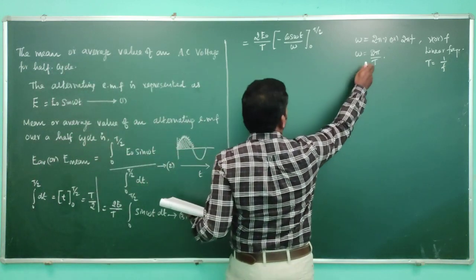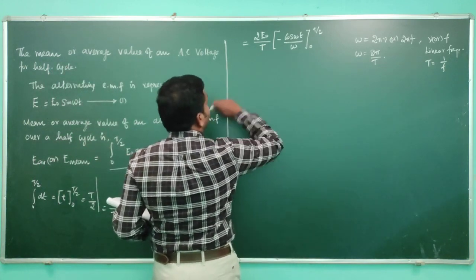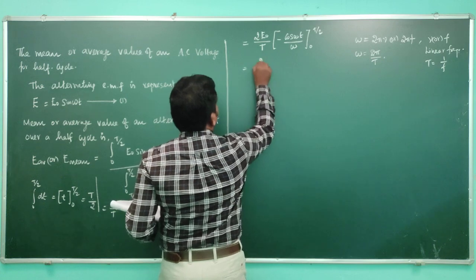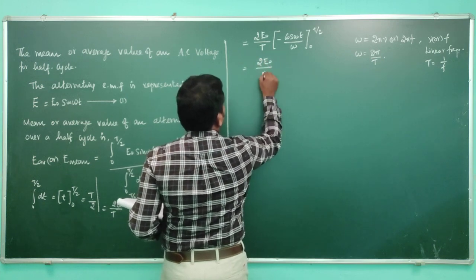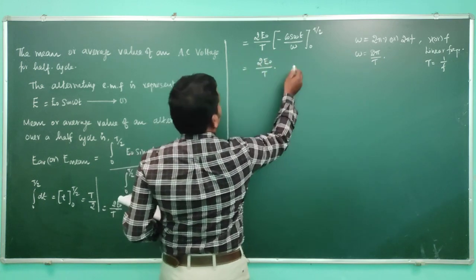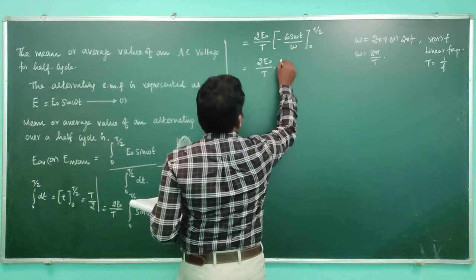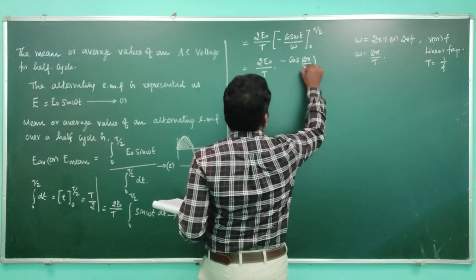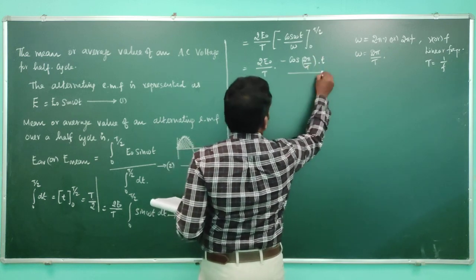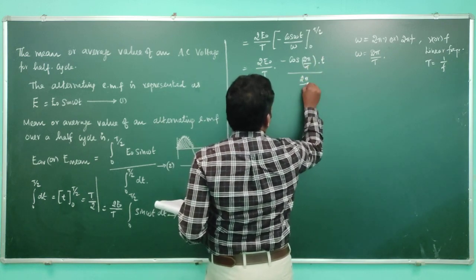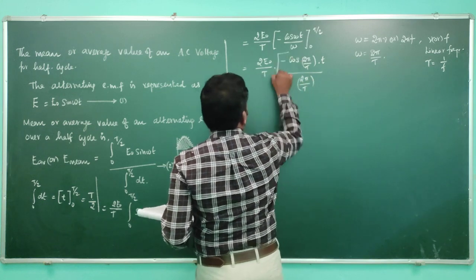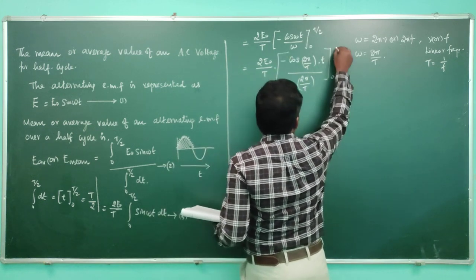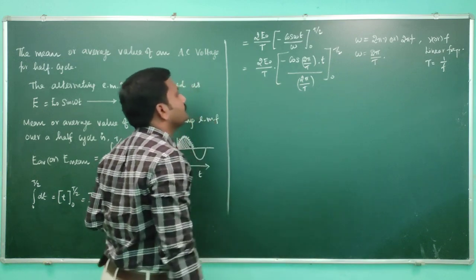You can substitute this omega equal to 2 pi by T here, so that 2 E naught by T multiplied by minus cos of 2 pi by T into small t divided by 2 pi by T, from 0 to T by 2.